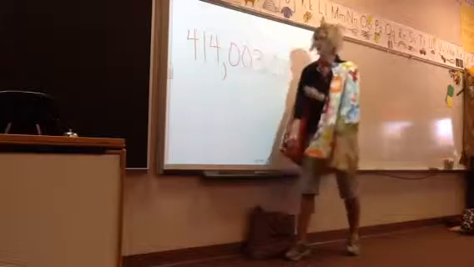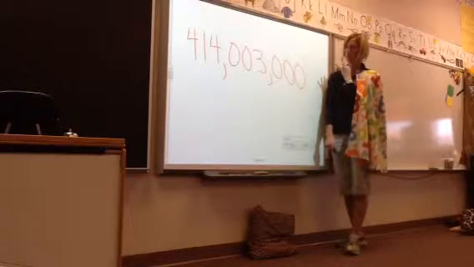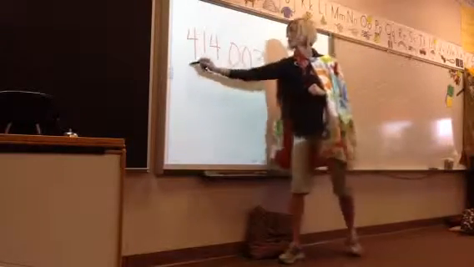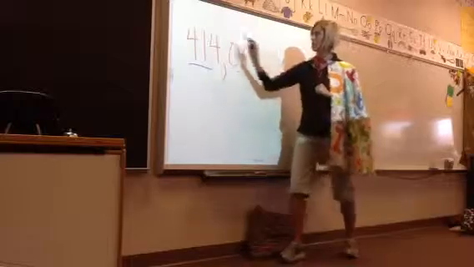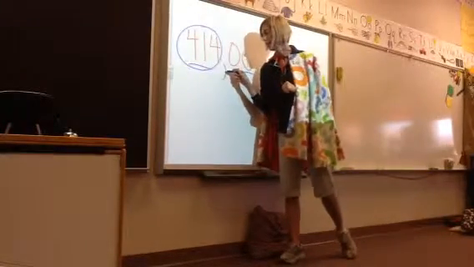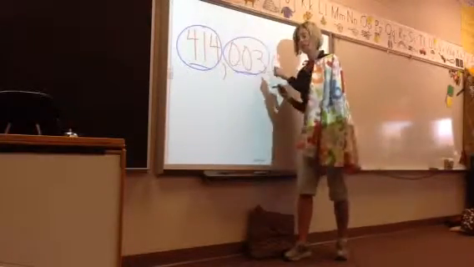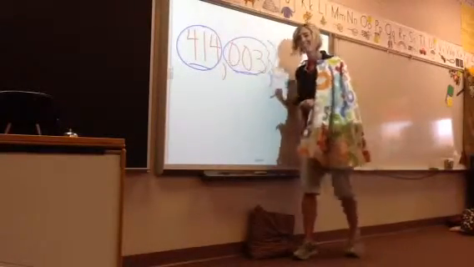Do I have another? Why, yes, I do. Try it. Go. Okay, let's see if you got it right. 3 periods. Circle it. 414. Name it. Million. 3. Name it. 1,000.